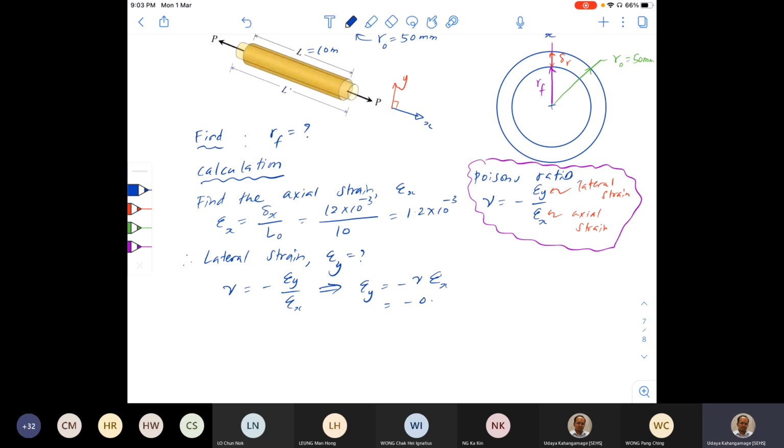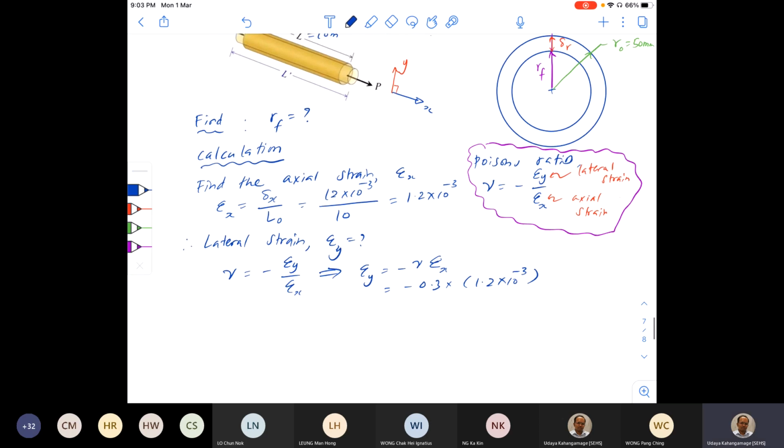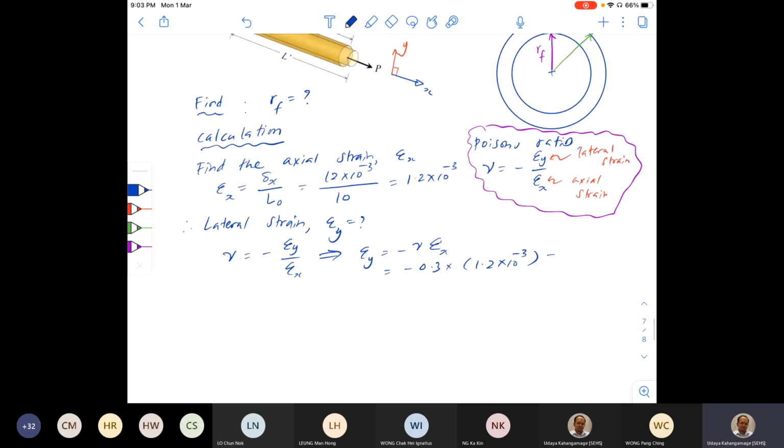Nu is given as 0.3, and just now we found epsilon x as 1.2 times 10 to the power minus 3. If you simplify this, you get negative 3.6 times 10 to the power minus 4.